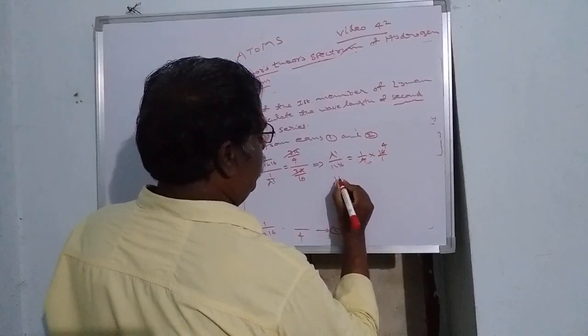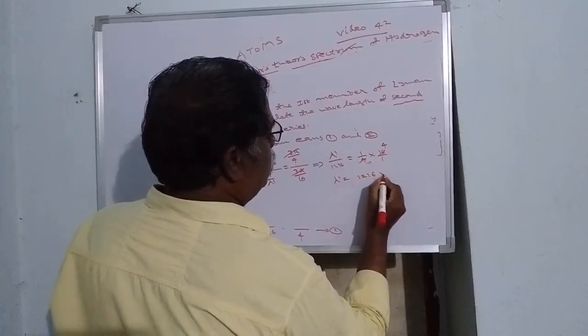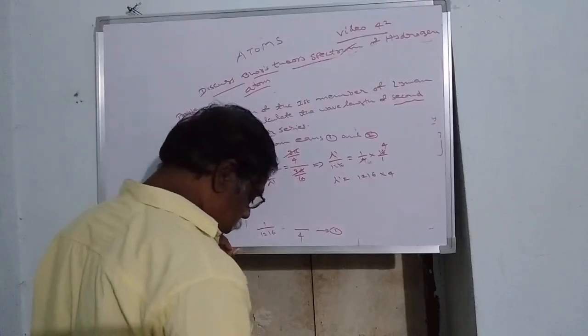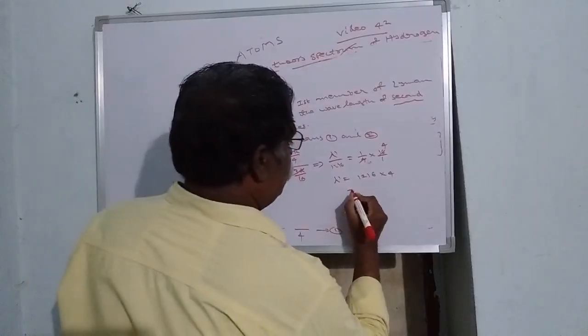Therefore, lambda dash is equal to 1216 into 4. The value of 1216 into 4 is 4864.